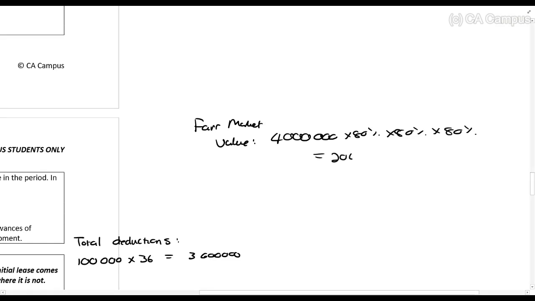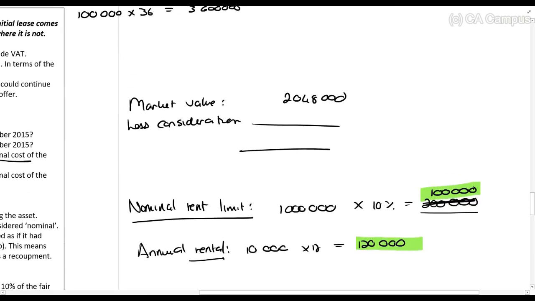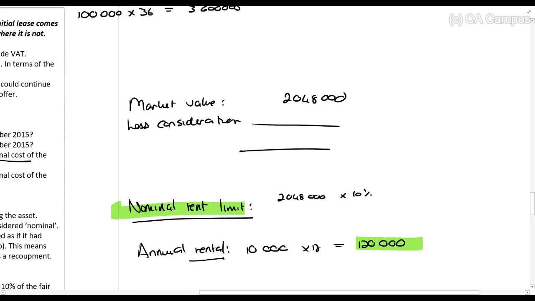Gives us 2048. So all that we've now done with that 2048 is it tells us what our market value is, 2048. And once we know what our market value is, then we can calculate our nominal rent limit. So it will be 2048 times 10%. So 204,800.